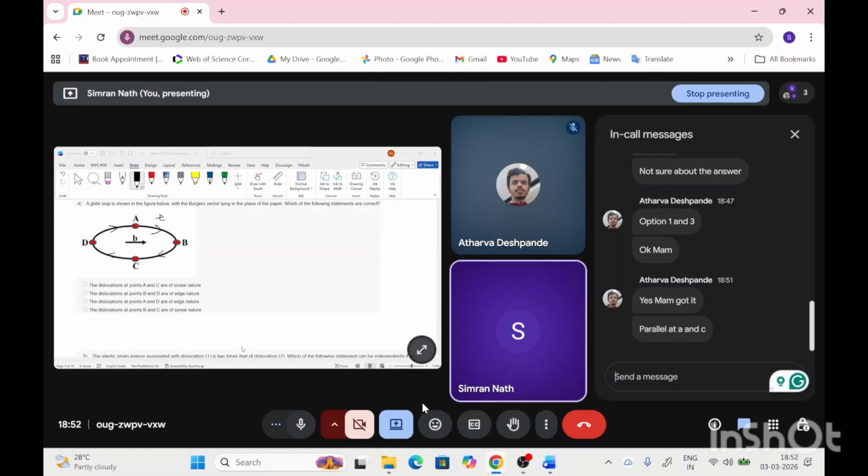Parallel at A and C. So here the line vector parallel to the Burgers vector will give the screw component, and B and D are perpendicular, so that will give the edge component.